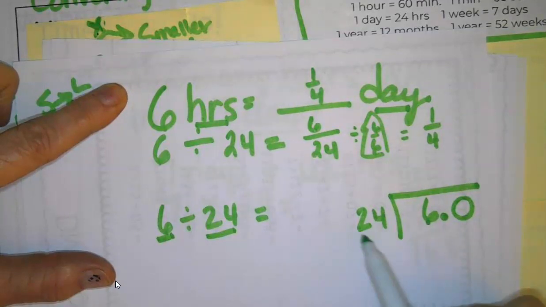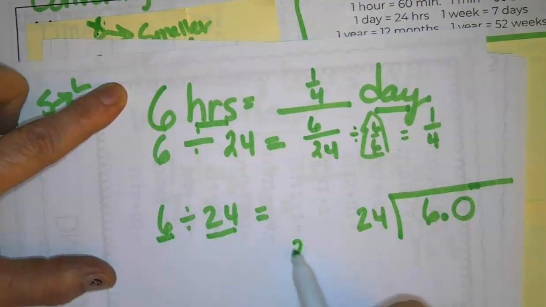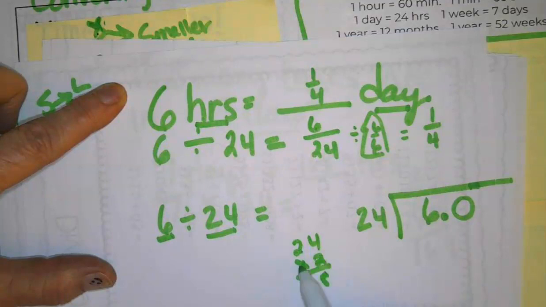And then I can think of this as 24 into 60. Now I know 24 goes into 60 2 times. So I'm going to say 24 times 2. 2 times 4 is 8. 2 times 2 is 4. 48, that's as close as I can get without going over 60.